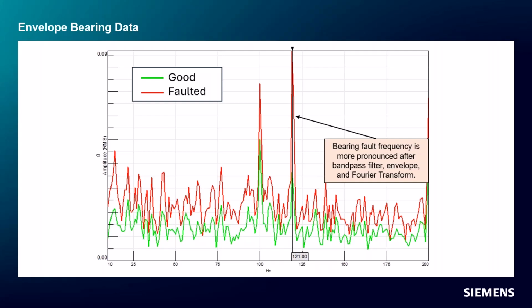If we just did the FFT, there was hardly any difference. These high frequency content impacts were indicative of a fault that was developing early, some sort of pitted spot on the outer race that was causing these small impacts.